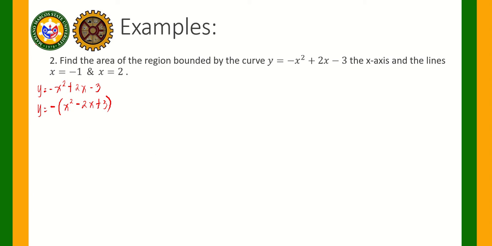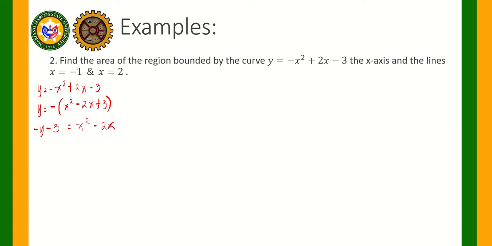So, si y natin is magiging negative. So, negative y, and we transpose si numerical coefficient dito, so that each side contains different variables. Okay, so dito sa side na to is y, dito naman sa side na to is x. So, ilipat natin si positive 3 magiging negative 3 equal to x squared minus 2x.